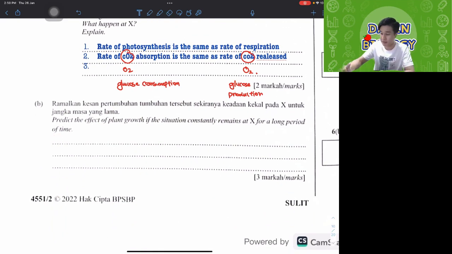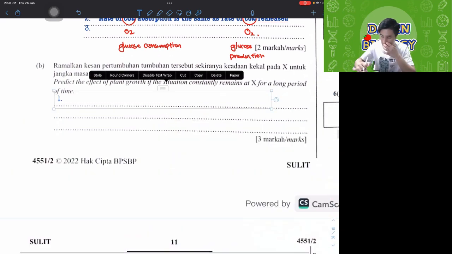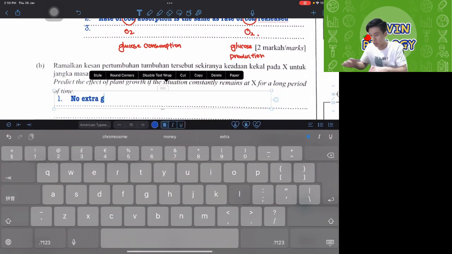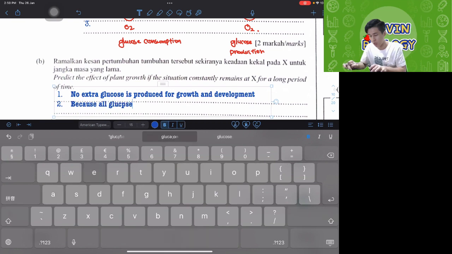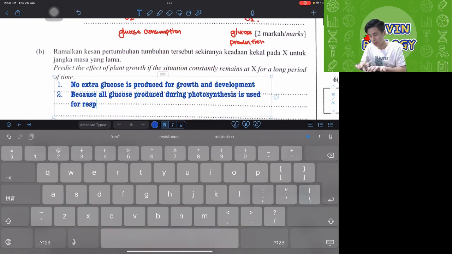So we say number one, there will be no extra glucose produced for growth and development, because all glucose produced during photosynthesis is used for respiration.